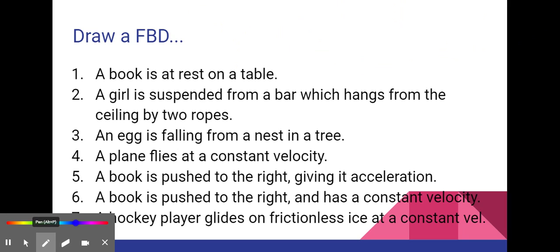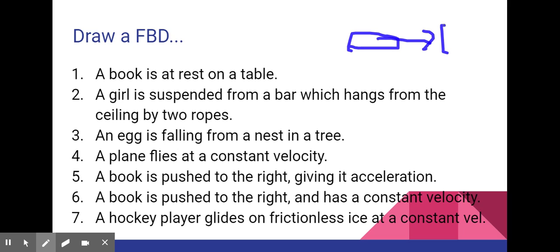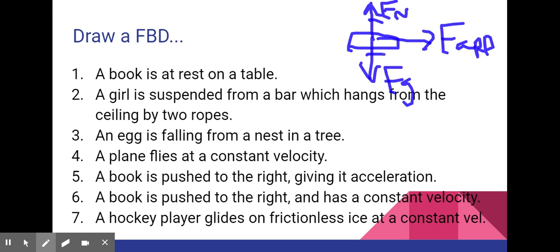All right, a book is pushed to the right, giving it acceleration. So you would have your applied force, your gravitational force, and your normal force. And again, gravitational and normal would be equal and opposite. Okay, next example. A book is pushed to the right and has a constant velocity.